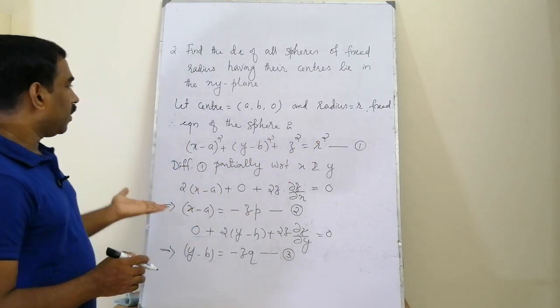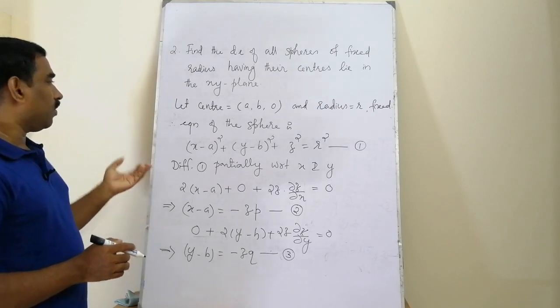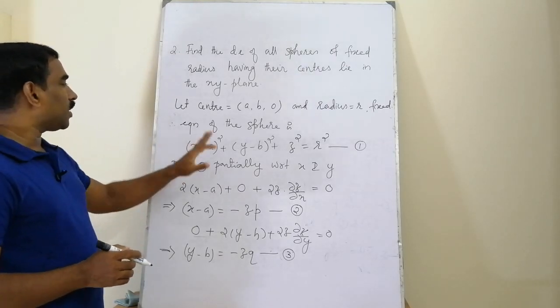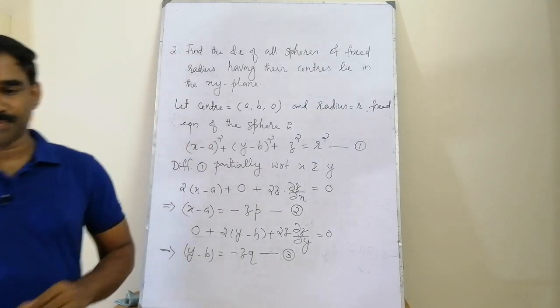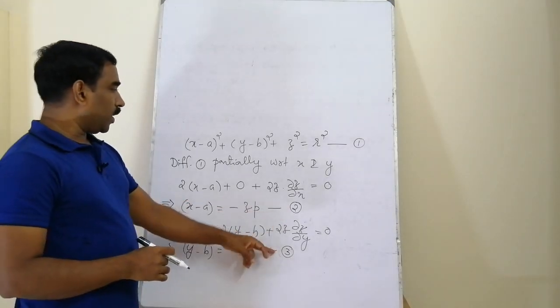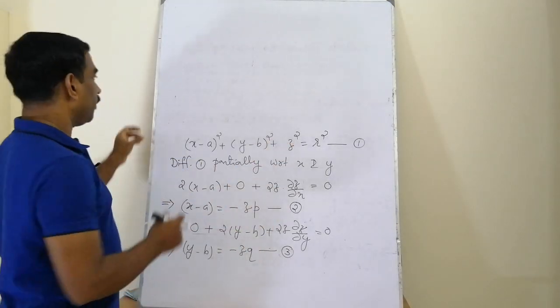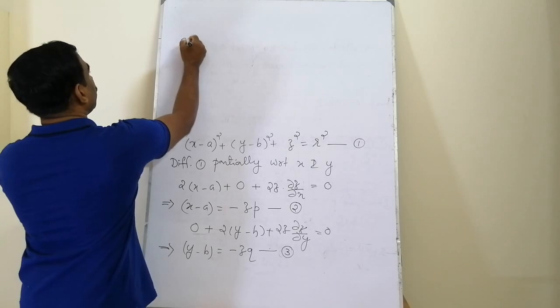Finally we will get a partial differential equation which is independent of the arbitrary constants a and b. Now substituting equations 2 and 3 in equation number 1.